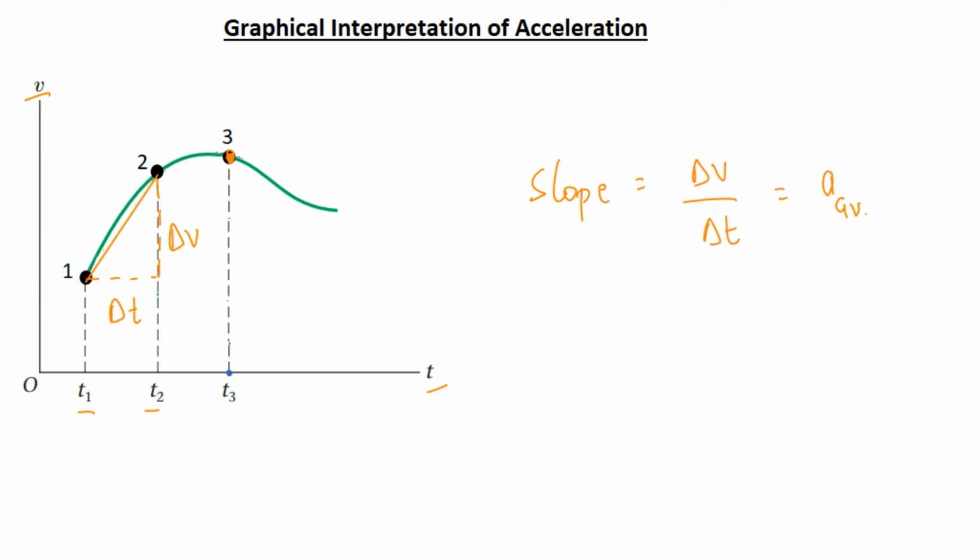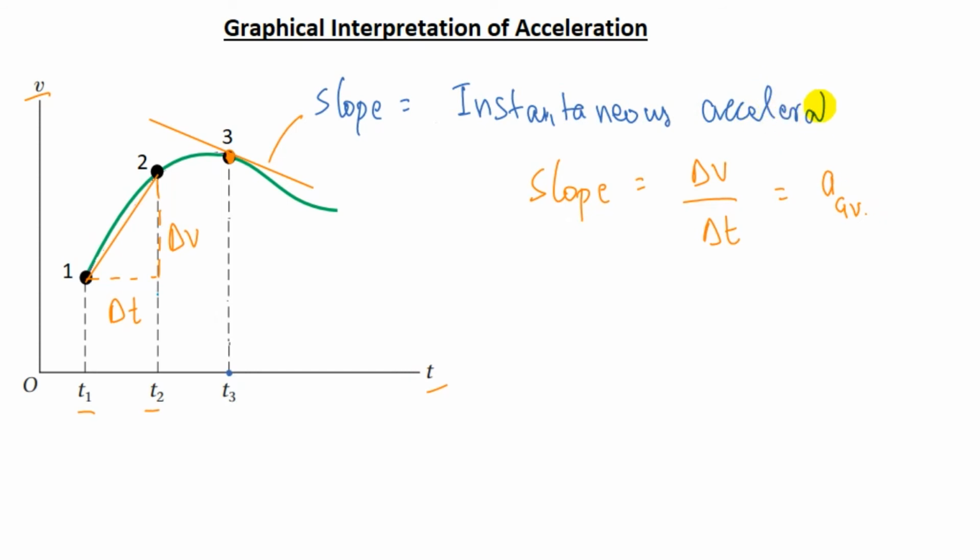So simply we have to make a tangent line at this point. So let's make a tangent line. It would be something like that, and the slope of this tangent line will tell you the instantaneous acceleration. The slope would be equal to the instantaneous acceleration. And the slope of this line will tell you the average acceleration.